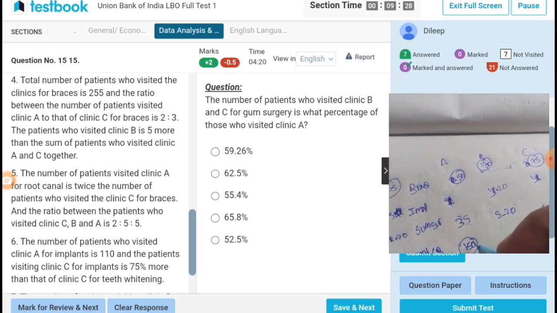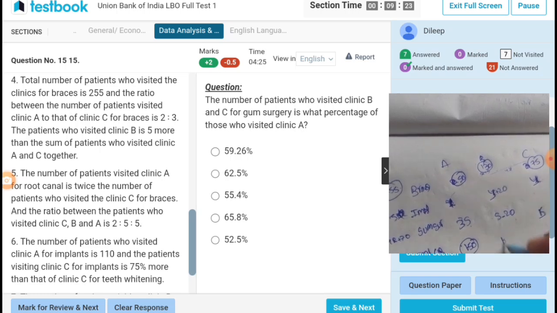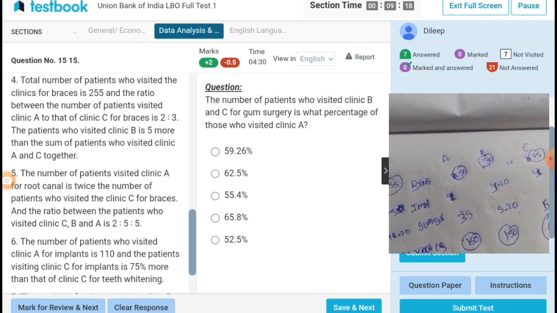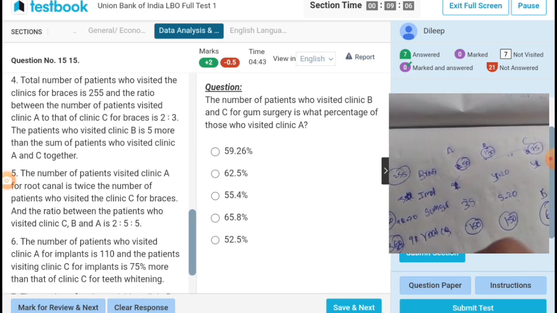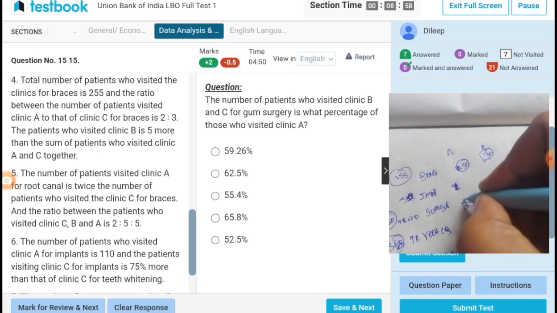The ratio of patients who visited clinic C, B, A, C 360 is 40. 430. 9.